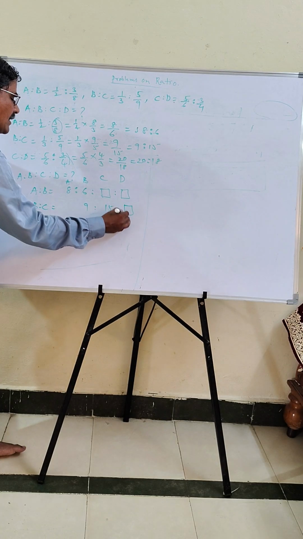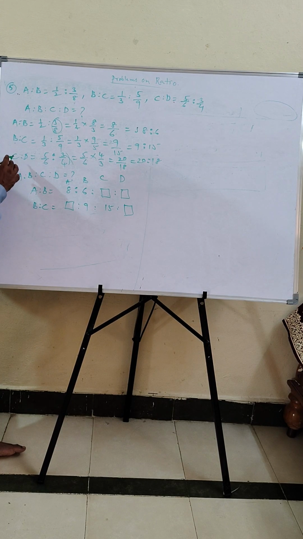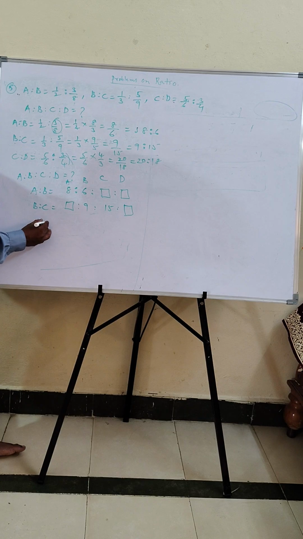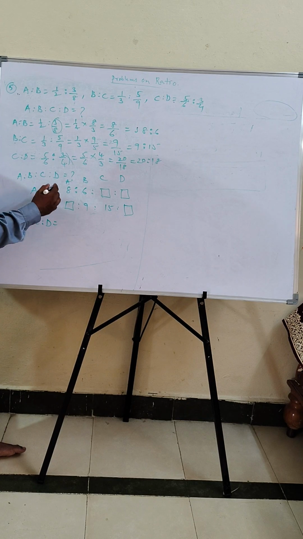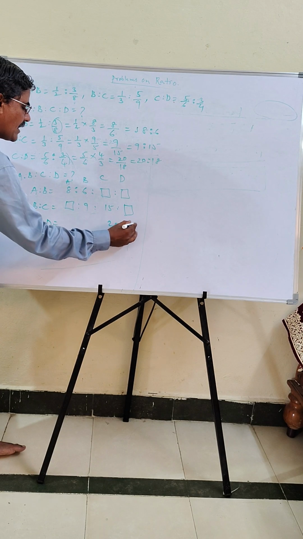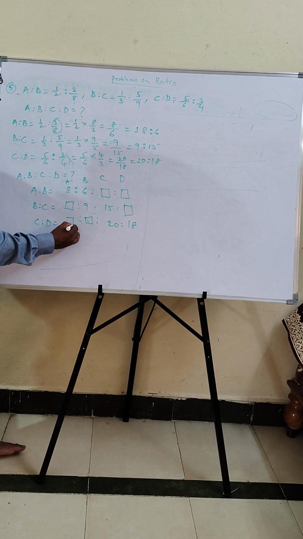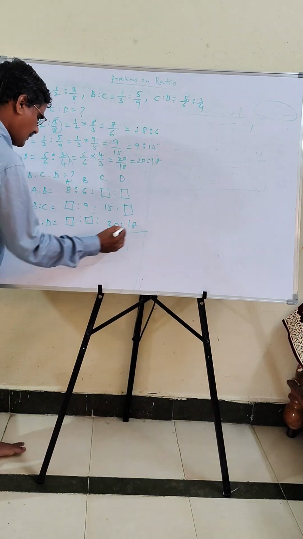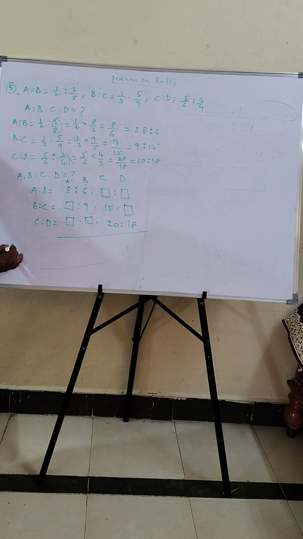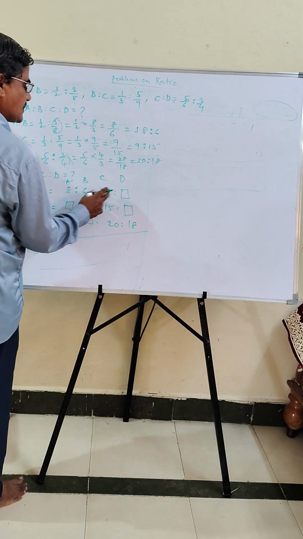There is no D, there is no A. Similarly, C is to D is 20 is to 18. There is no B, there is no A. We want to find A is to B is to C is to D. Here 8 is to 6, there is no C and D.